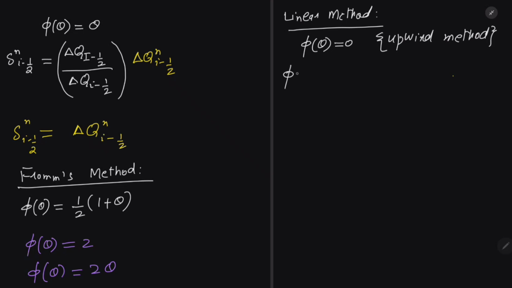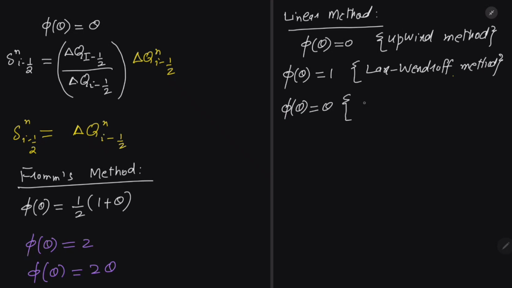When phi of theta is equal to 1, you get the Lax-Wendroff method. When phi of theta is equal to theta, you have the Beam-Warming method.